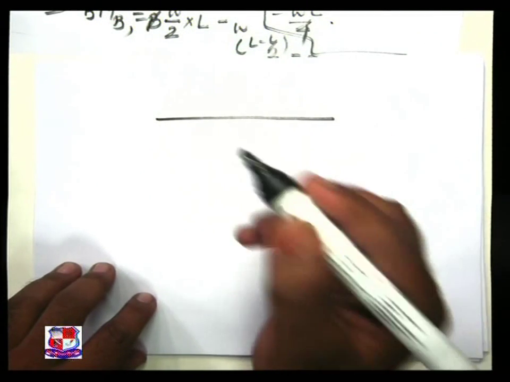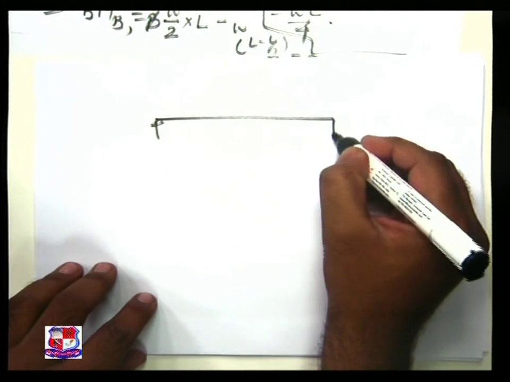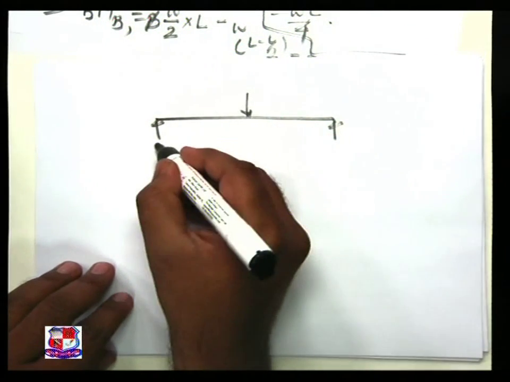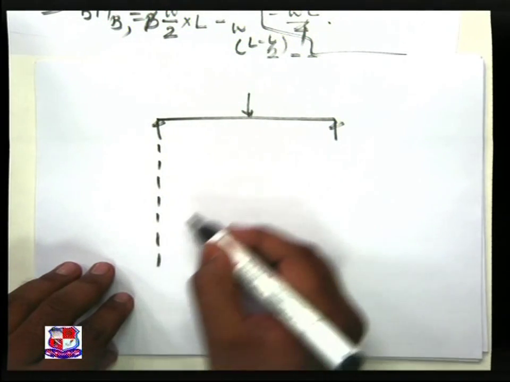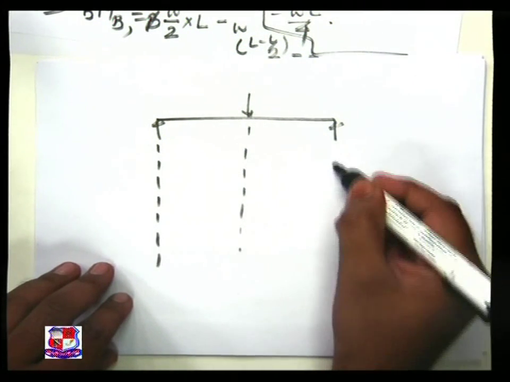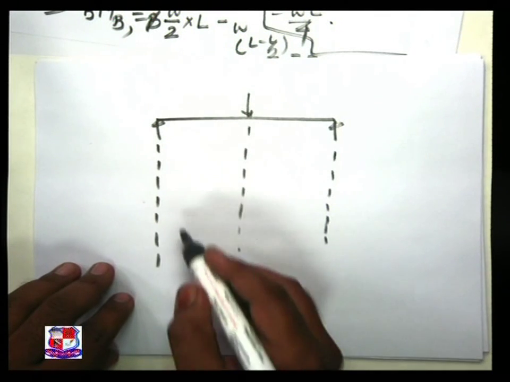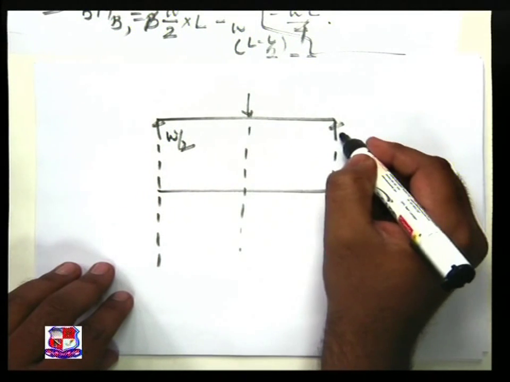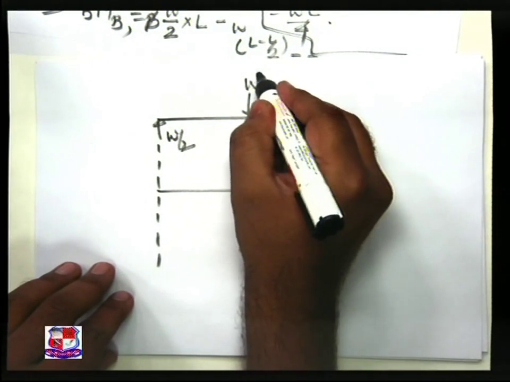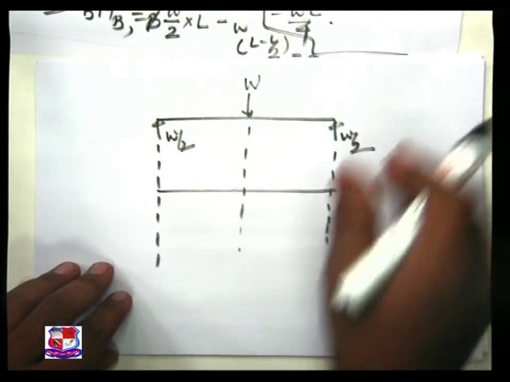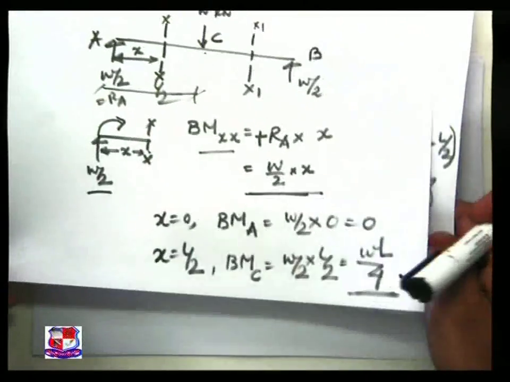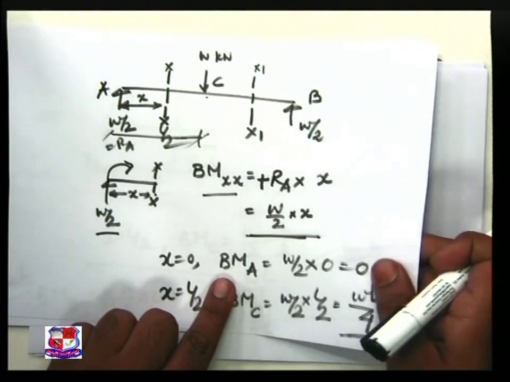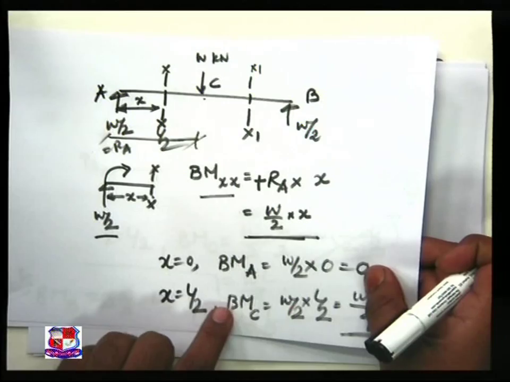The given beam is simply supported, with a point load acting at the center. Once again, repeat: dotted lines under all the loads, under all the important points. Draw a baseline, reactions W by 2, W by 2, load W. On the previous pages, the bending moment at A is 0 and at C is WL by 4.